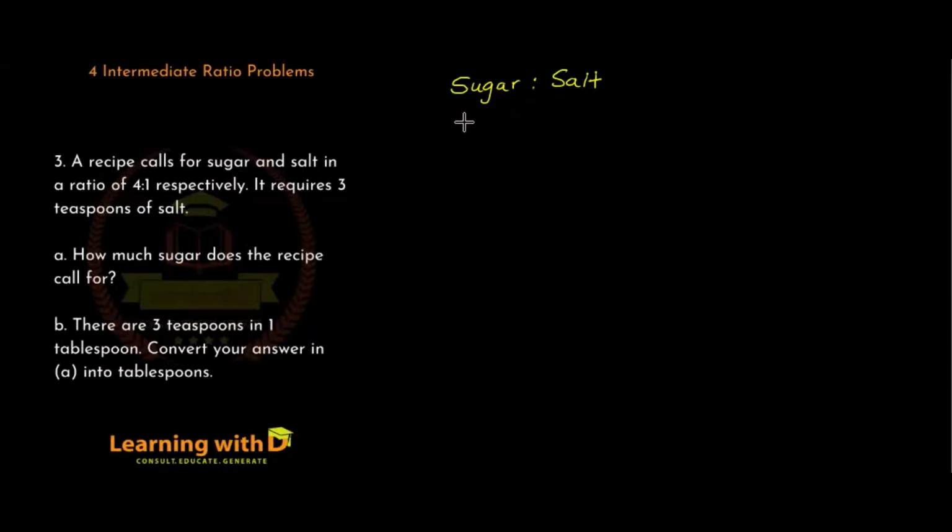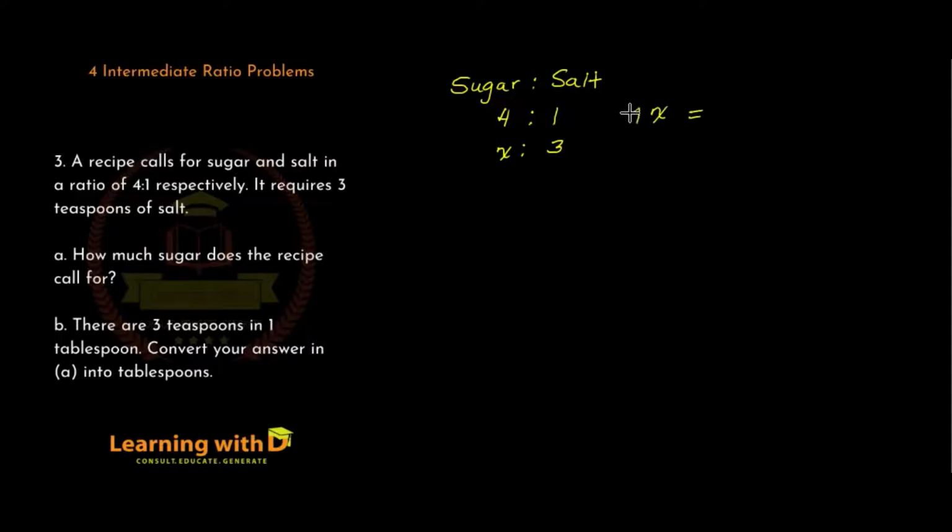All right, so let's look at part A. So it says the ratio of sugar to salt is 4 to 1. And the recipe requires 3 teaspoons of salt. Which means we want to know how much sugar we'll need. So 1 times x is x.